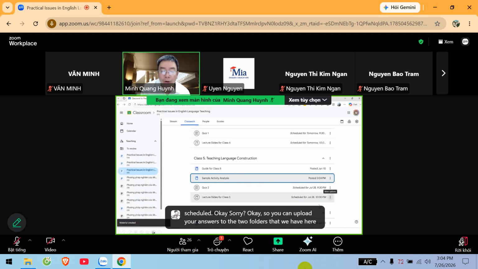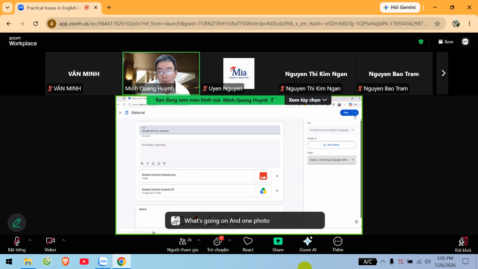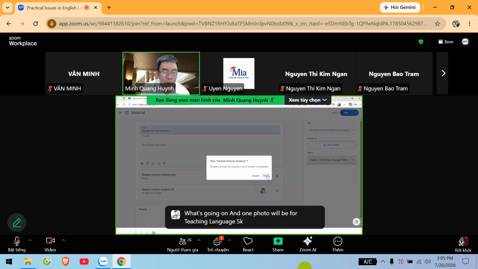One folder will be for teaching language construction, and one folder will be for teaching language skills.